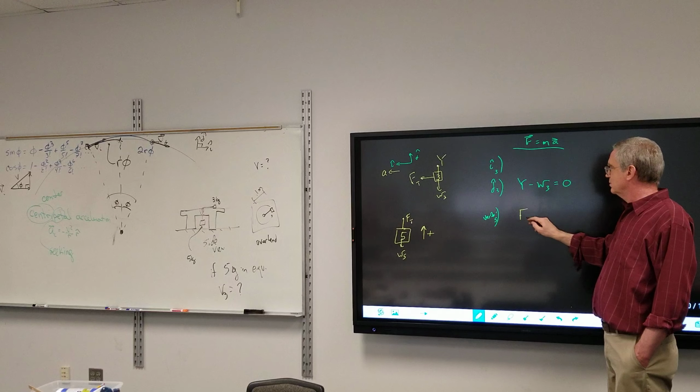And therefore v equals the square root of the 5 kilogram mass times acceleration due to gravity times the radius over m3. That's supposed to be a 3, not a 5, for m3.